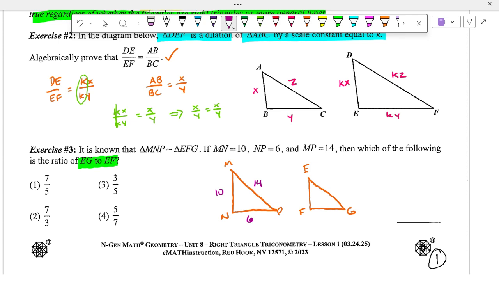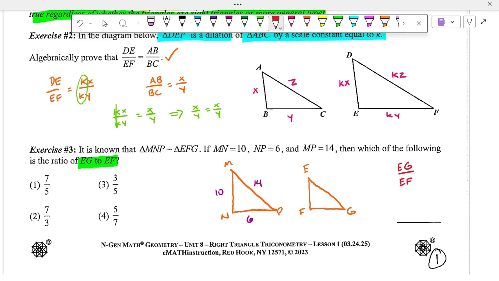Now, based off of our answer choices that they gave us, EFG would be a dilation of MNP by a scale factor of what? Right, it'd be 1/2. Another way you could have figured it out is EG to EF. If we wanted to find EG over EF, what's its corresponding sides?